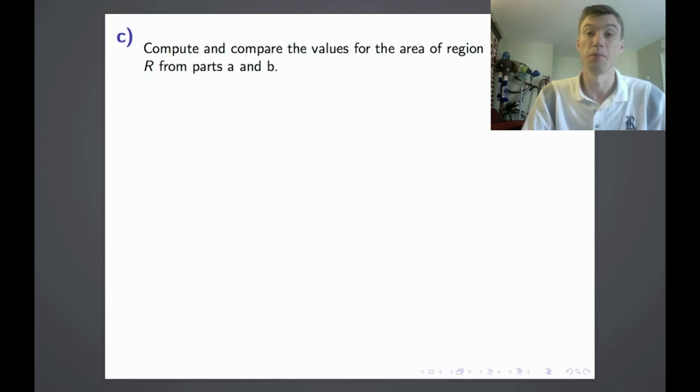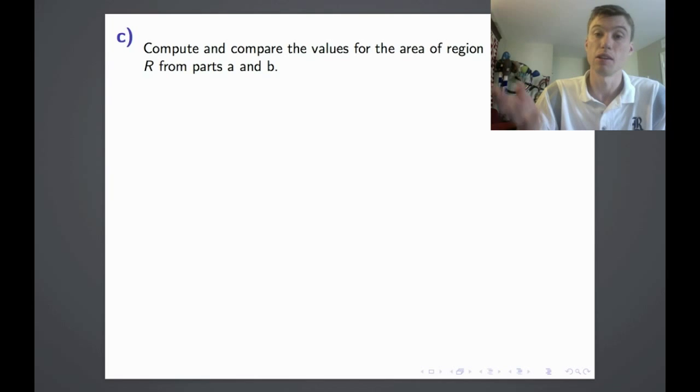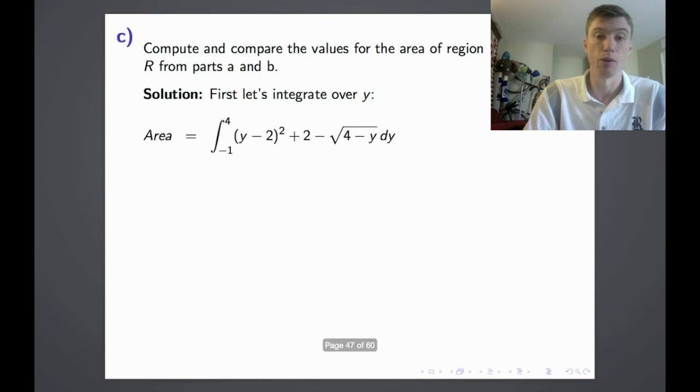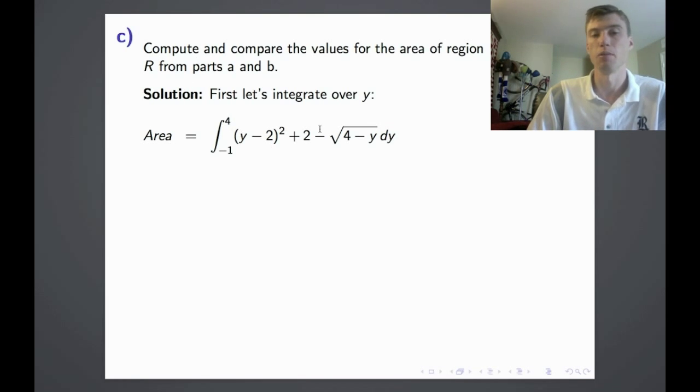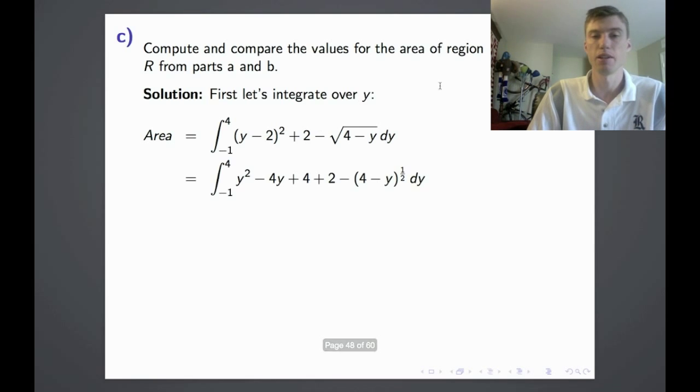Okay, so part C, we will integrate these expressions and get a value for the area. Hopefully they are the same. So we'll integrate first over y. Now we can expand this quadratic term right here, and we will get a nice simple expression.